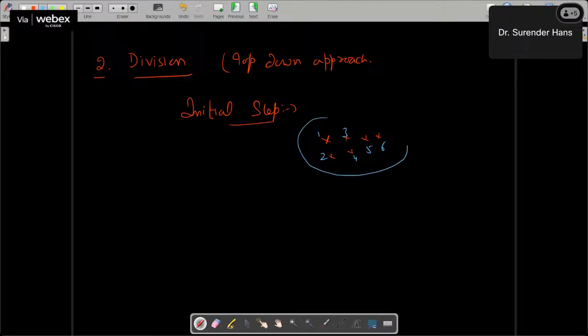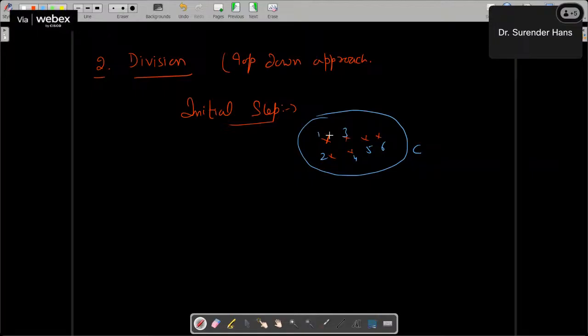This one is a single cluster, that is a very big one. That is the initial step. So in the initial step, we assume there is one cluster, and in that one cluster, all the data points exist in a bigger one.